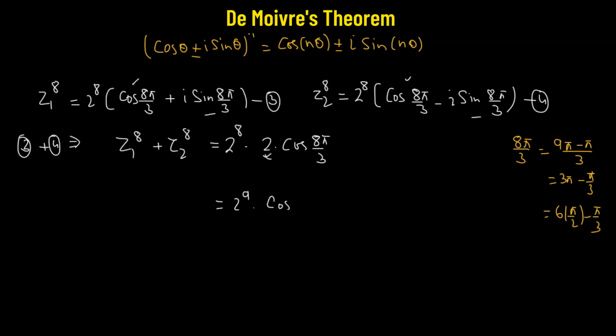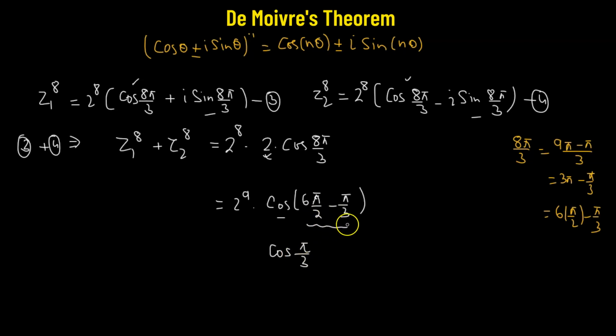So here we have cosine 8 pi over 3, which can be represented as cosine of (6 times pi over 2 minus pi over 3). Now 6 times pi over 2 means we have an even multiple of pi over 2, so cosine will remain as a cosine function. So we'll have cosine of pi over 3.